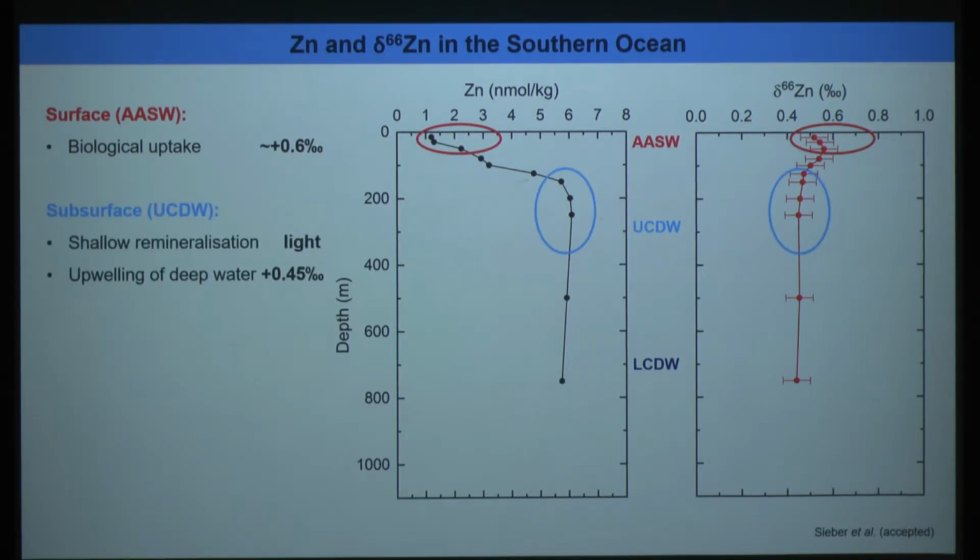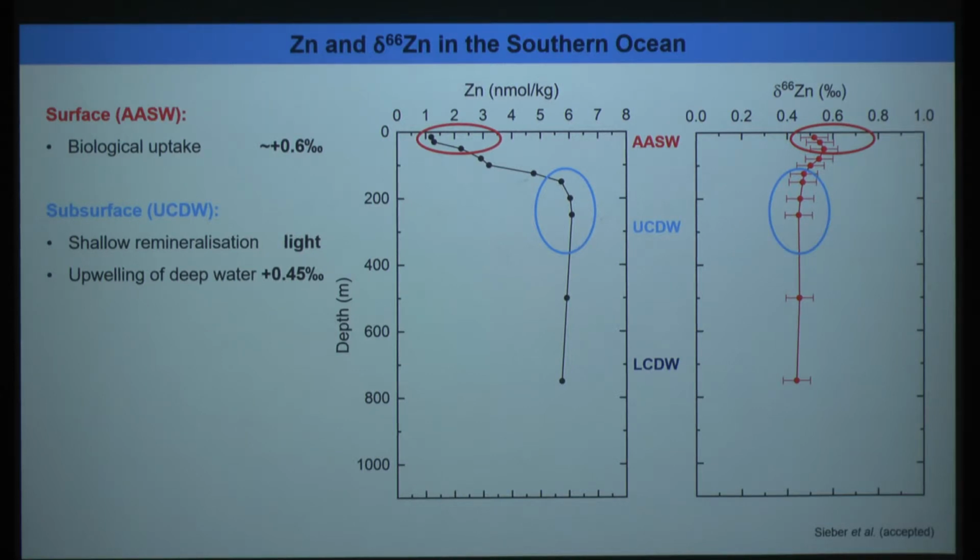Then below, if you take up light zinc in the surface, you would expect it to regenerate somewhere around this depth. First of all, the fractionation is small, and then we don't see any signal here. It's just a straight line going down to the bottom. This is mainly because a lot of the zinc comes from this upper circumpolar deep water that upwells and brings this constant signature with it.